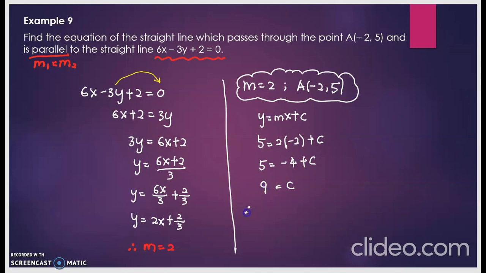So the equation of the straight line will be y is equal to 2x plus 9. So in this example, if they are parallel, we can straightforward use the gradient because they have the same gradient.